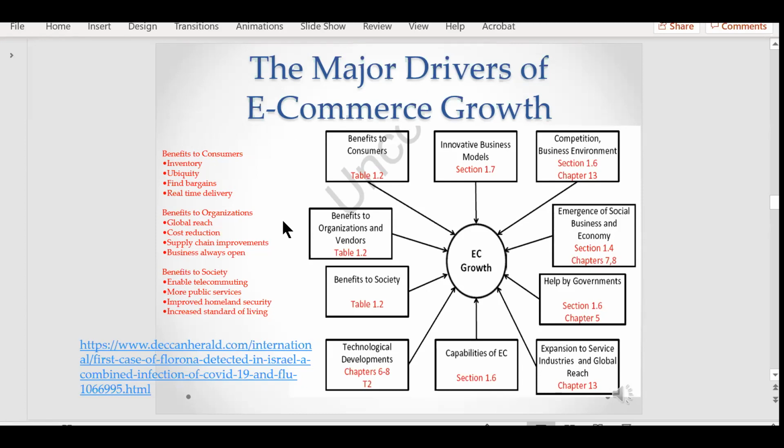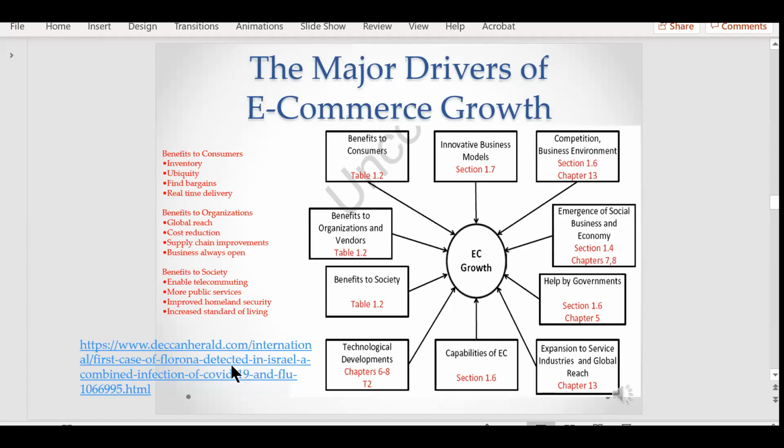And of course, the recent one that is also driving this e-commerce growth is COVID. After COVID you had the Delta, then now you have the Omicron. And then what's after Omicron?